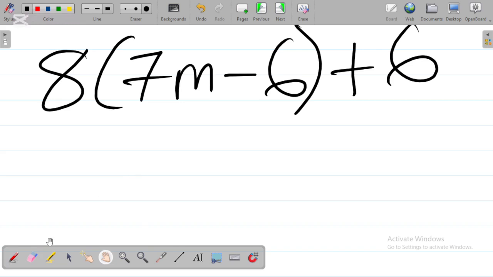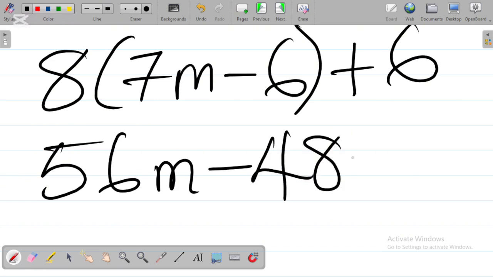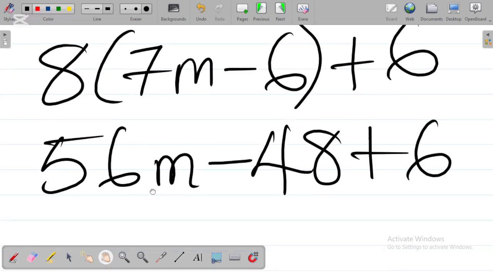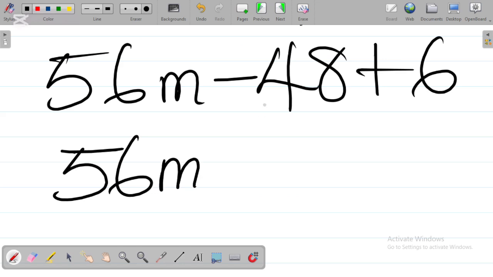So we can now open the bracket. 8 multiplied by 7m gives us 56m. 8 multiplied by negative 6 gives us negative 48. And then plus 6. So we have here 56m. Negative 48 plus 6 gives us negative 42.